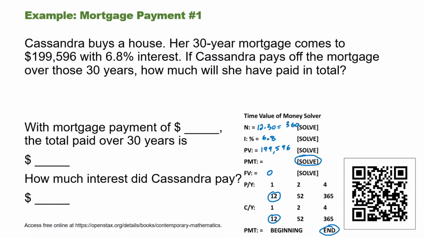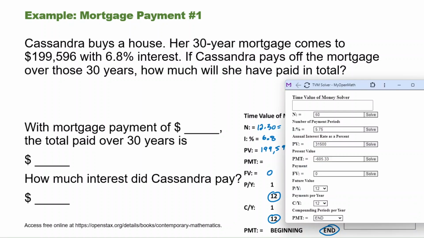Remember, you can scan the QR code or click the QR code. That would pull this up. Capital N is 360. I is 6.8. PV is 199,596. PMT is unknown. Leave that blank. FV, future value, is 0. P/Y is equal to 12. C/Y equals 12. Payment at the end.